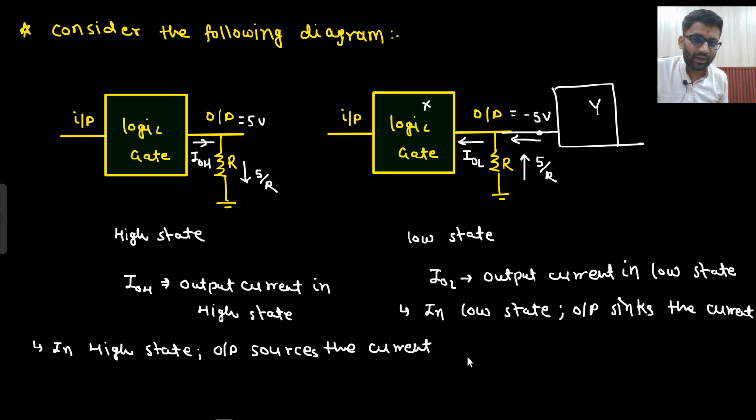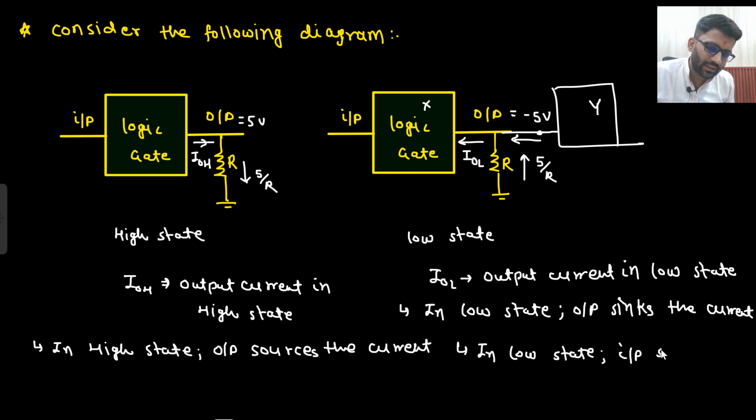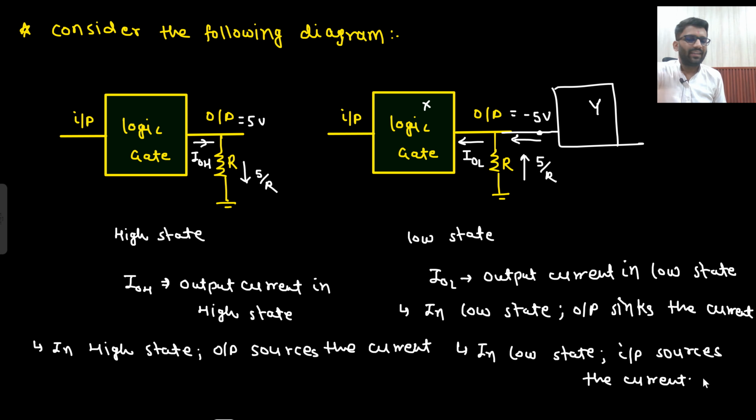So I'm going to write here that in a low state, input sources the current. Very simple thing you would be able to remember, right? Most of the time it is directly written that in low state it sources. The reason is this only.